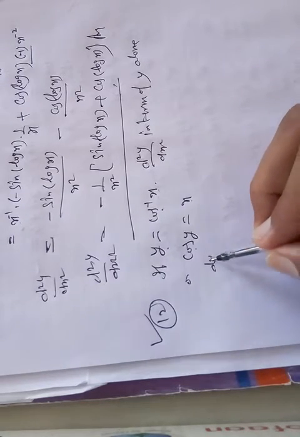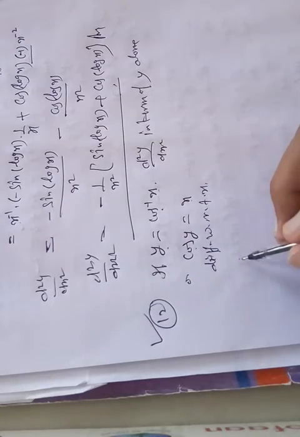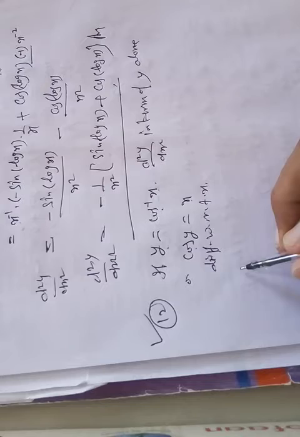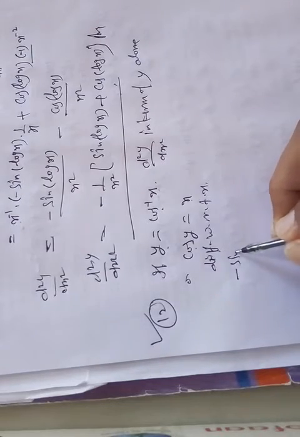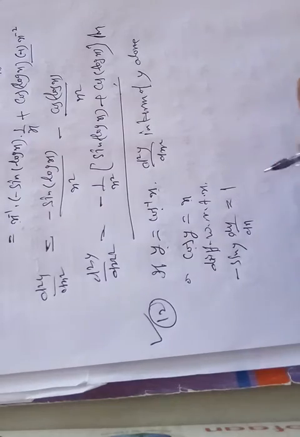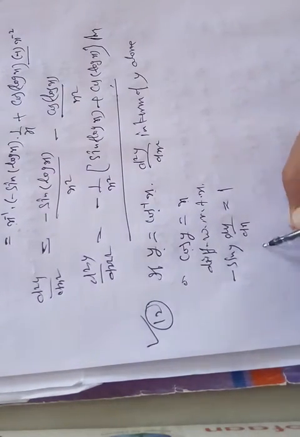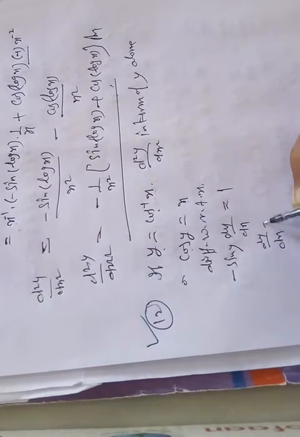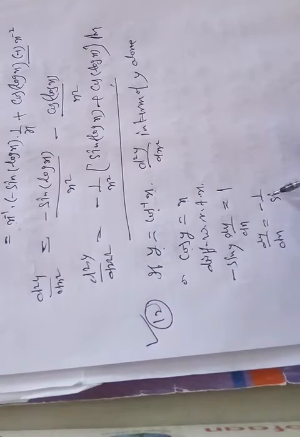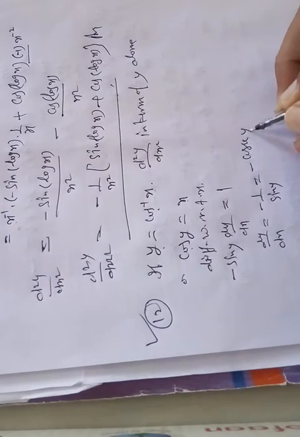Differentiate with respect to x. The derivative of cos y is minus sine y times dy/dx, and d/dx of x is 1. Transferring to the right side, dy/dx equals minus 1 upon sine y, which is minus cosec y.